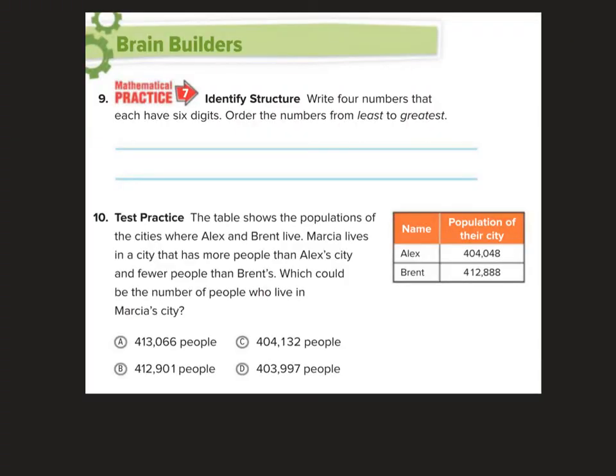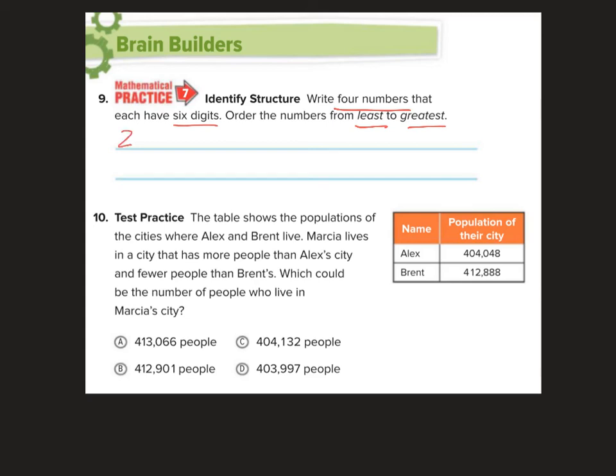Okay, brain builders, identify structure, write 4 numbers that each have 6 digits. Okay, so I need 4 numbers that each have 6 digits. Order the numbers from least to greatest. So this one's not too bad, right? I suppose I could make it a little tricky for myself.